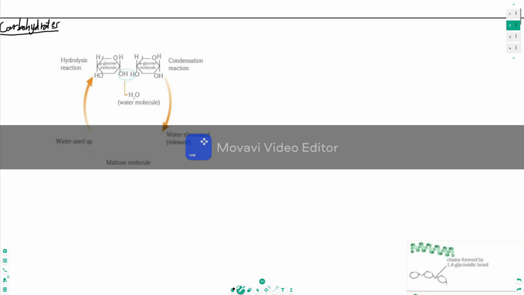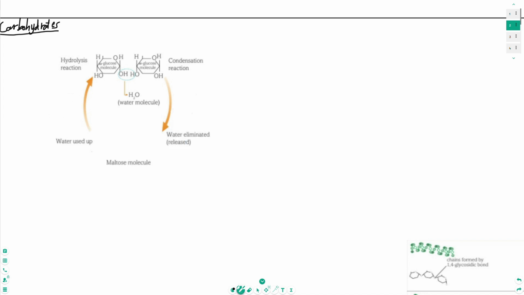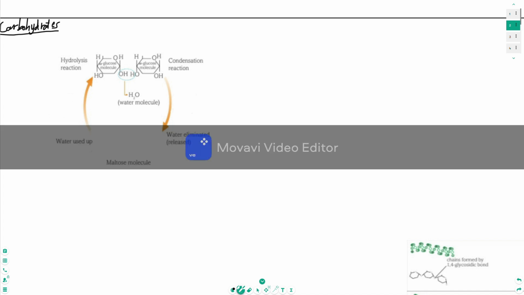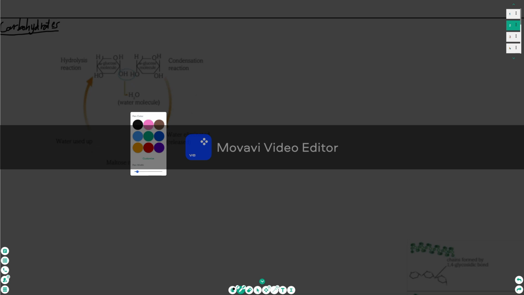So there are different classes of carbohydrates. So we have monosaccharides, disaccharides, this one you don't really need to know, oligosaccharides and polysaccharides. So monosaccharides are the first one that we're going to talk about.